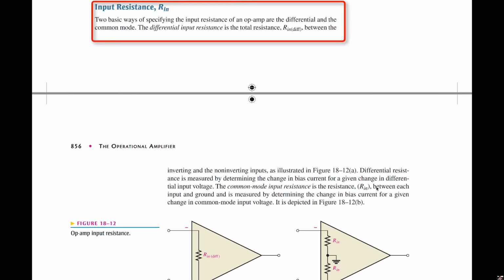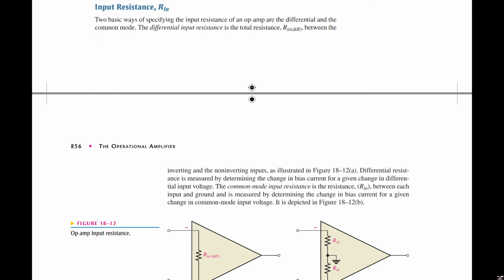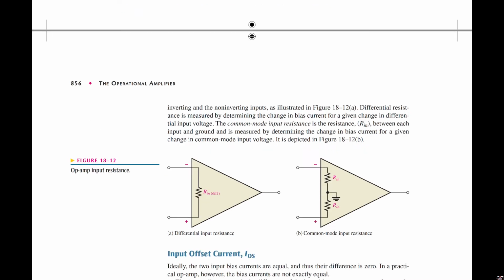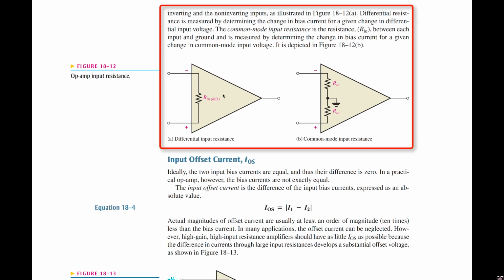The input resistance, Rin: there are two basic ways to specify the input resistance of an op amp, differential and common mode. The differential input resistance is the total resistance Rin between the inverting and non-inverting inputs as illustrated in 18-12A, to the left.